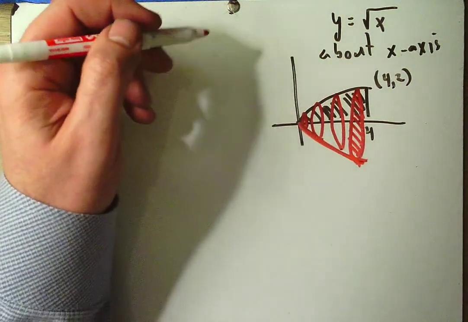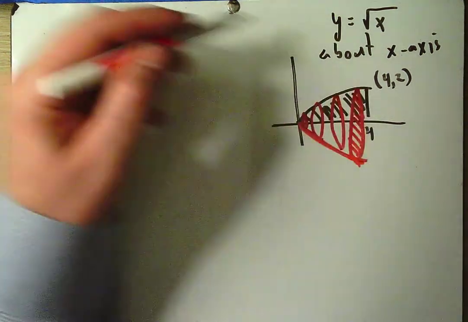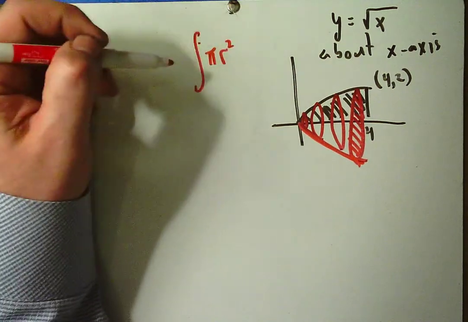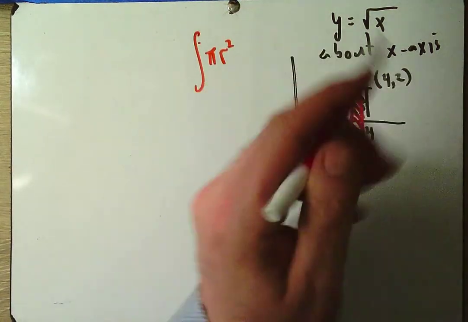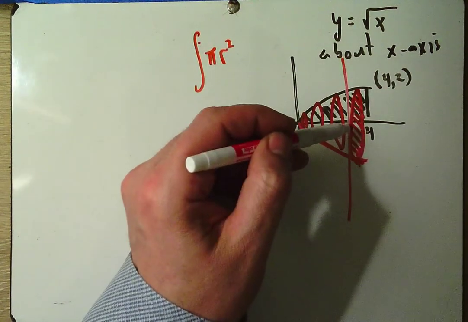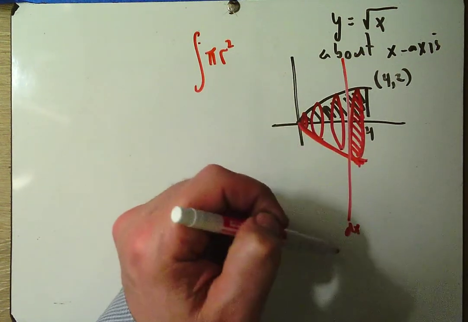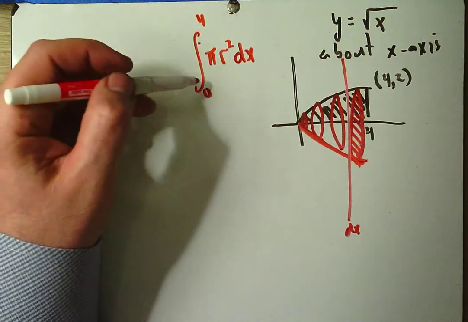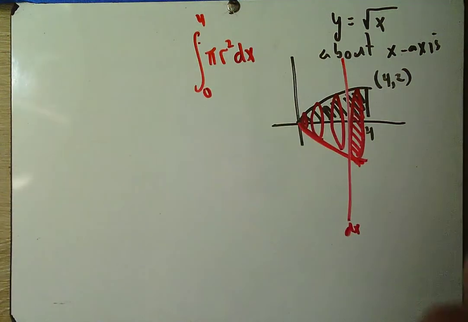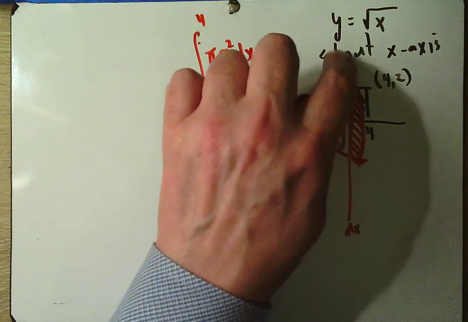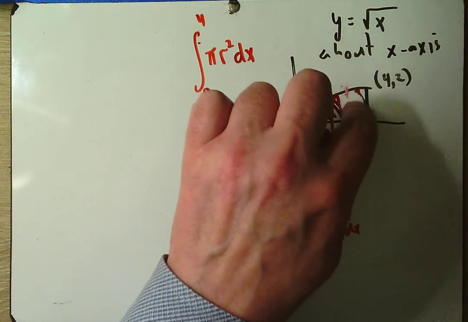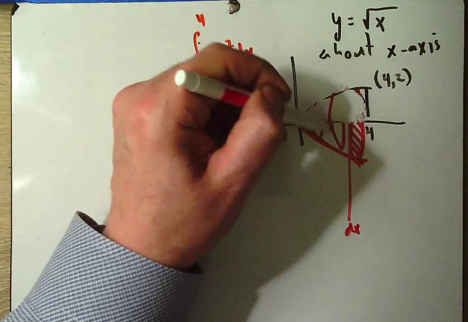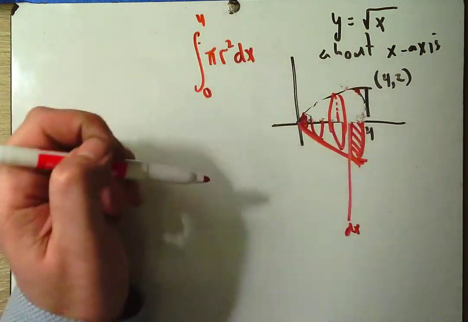Okay, so if I'm integrating circles, I'm thinking about integrating pi r squared. Again, if I slice through this, I'll be slicing through with a dx thickness. I'm integrating from 0 to 4, but what's my radius? Well, the radius in this picture, though I've made it very hard to see, that's the radius.